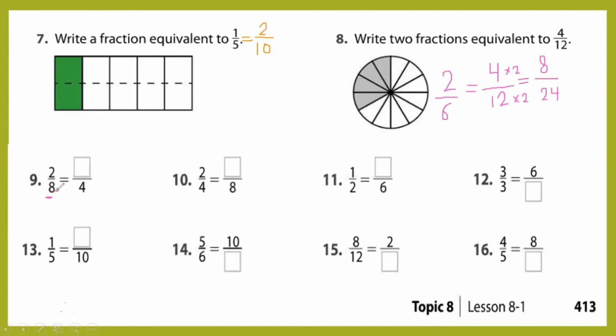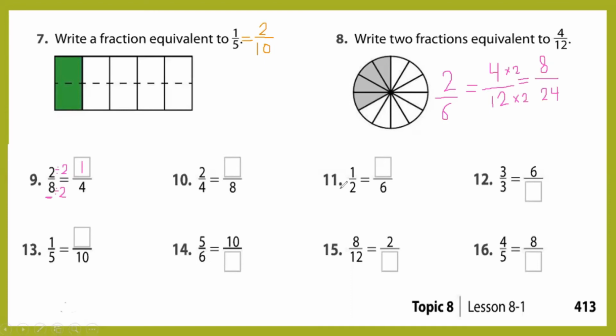I will divide here by 2. Since we divide down by 2, I will divide up by 2. I can divide the numerator and the denominator by the same number and get an equivalent fraction. 2 divided by 2 equals 1. 8 divided by 2 equals 4.